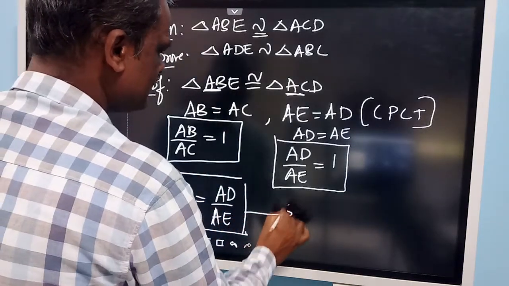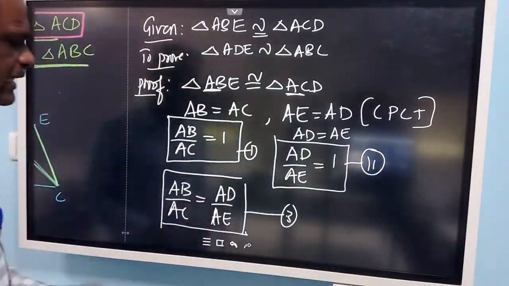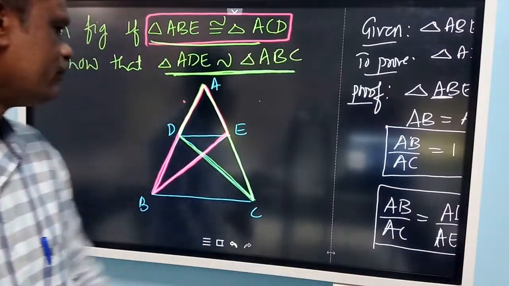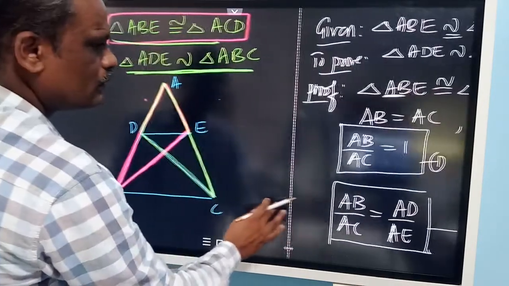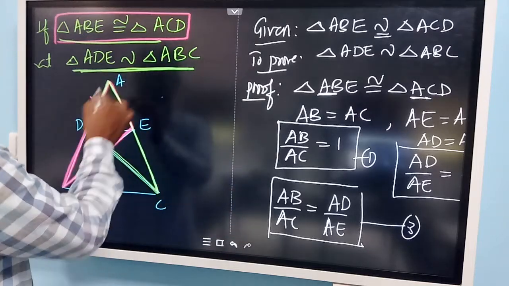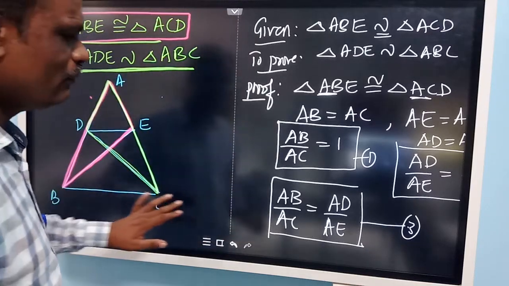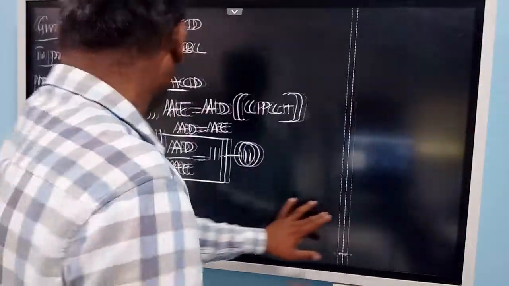You can call this 3, this one 1, this is 2. From 1 and 2 you are getting this one. Look at the diagram now. AB by AC, I am getting AD by AE. Now I will make some rearrangement. Transfer this to the left side, AD.